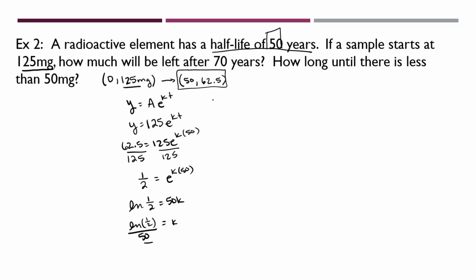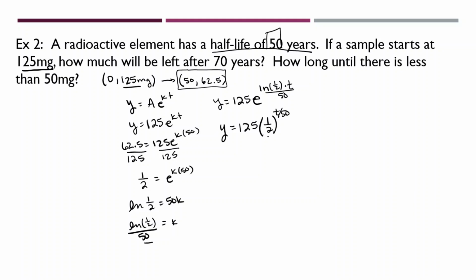And then when I go to write the equation, I now have 125 times e to the natural log of a half divided by 50 times t. And if we reduce that, we get 125 times a half to the t over 50.